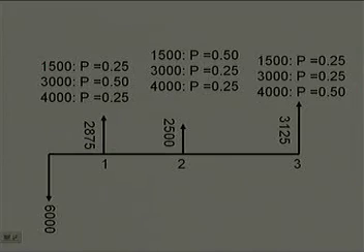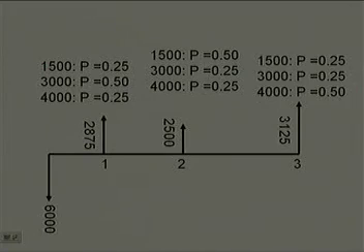But if I continue to work like this, I will take an average value or expected value, and that you know how to calculate. For end of year 1, I will get the expected value like this: 1500 multiplied by 0.25 plus 3000 multiplied by 0.5 plus 4000 multiplied by 0.25.